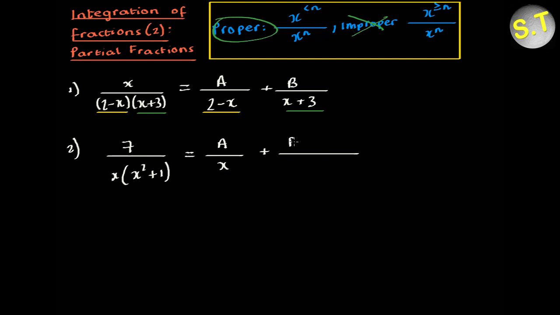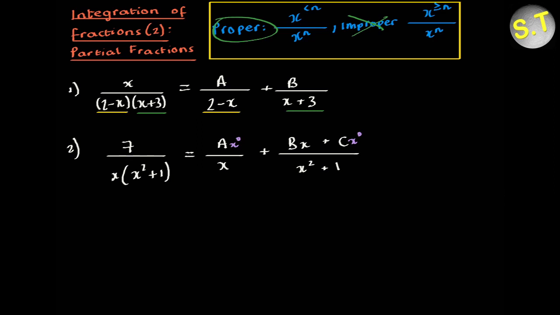So we would have bx plus c, divided by still our x squared plus 1 term here.